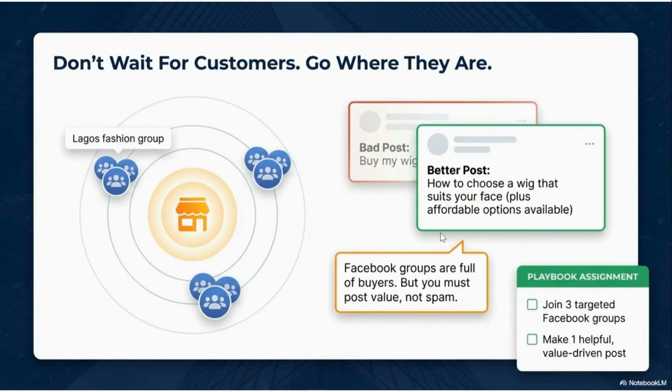Join those groups, and when you join those groups, share educational content. Don't go there to spam them. Some allow you to advertise, some don't. Whether they allow you or not, read the rules and regulations. The number one thing is to create value first, and then ask people who want to learn more about what you're saying to contact you.